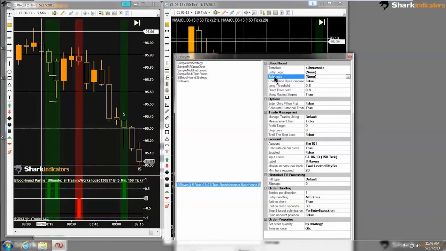So this exit logic only exits your positions. It's not an entry logic. So only the entry logic will open a position. The exit logic only closes a position. So the exit logic cannot reverse your position, and it will not open or enter. It only closes out positions.